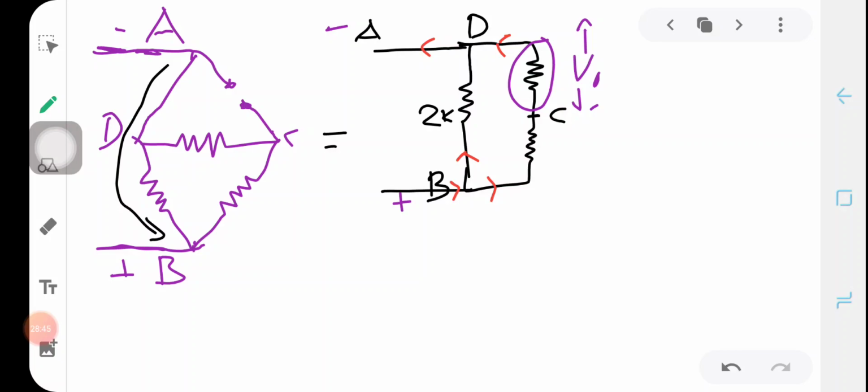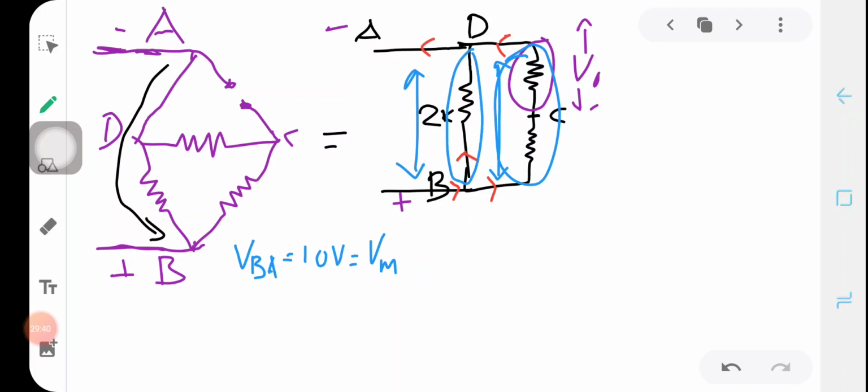Now we have to calculate what V0 is across BA, that is, the input voltage appears across BA, which is VBA, and will be 10 volt because it is the maximum voltage of the input signal, and it will be divided towards D through 2 kilo ohm and towards D through C. Since these two branches are parallel, the voltage across them is the same.